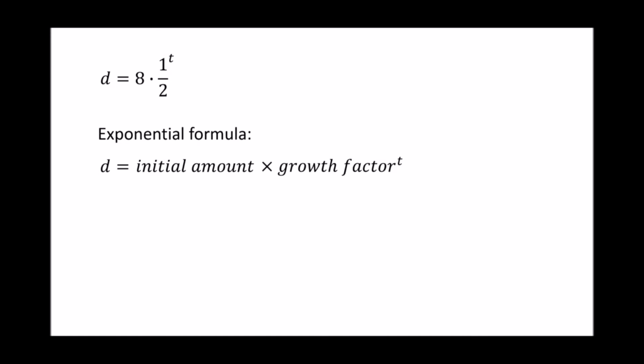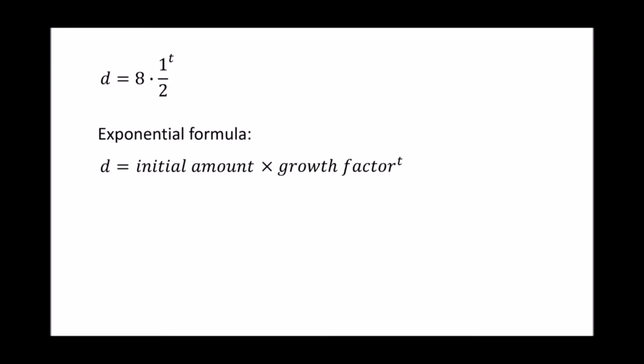Well, this 8 is the number we started with, the number we began with, the initial amount. So we get d equals the initial amount. And then this half is our growth factor. So we can have as a general formula d equals the initial amount times the growth factor to the power of t.